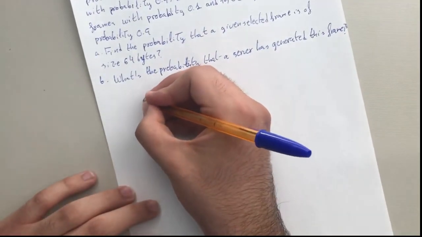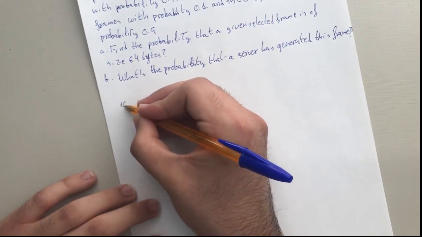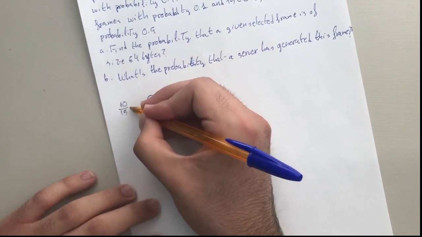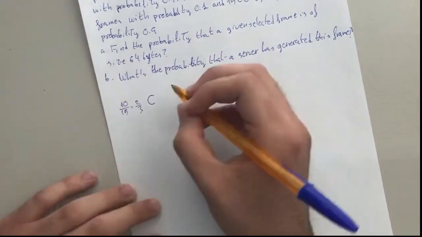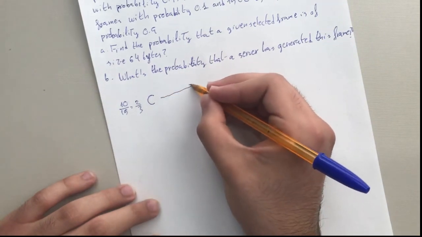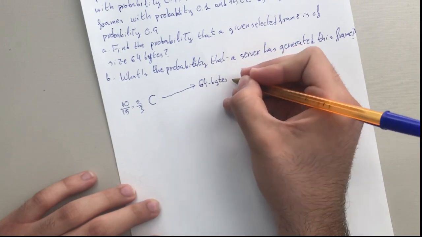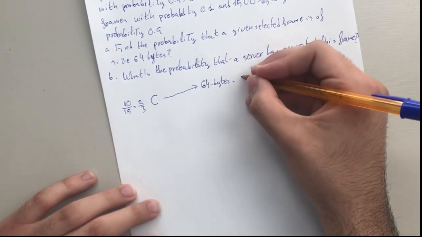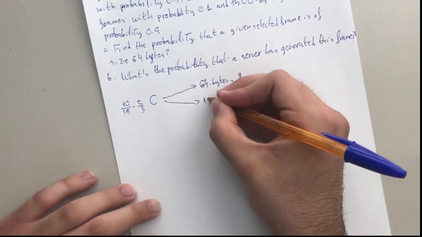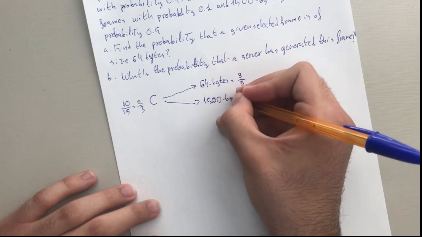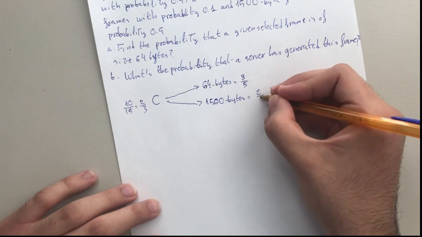So the computers have a probability of 10 over 15, which is the same as 2/3, and the 64-byte frames have a probability of 0.6, which is the same as 3 over 5, and the 1500 bytes will be 1 minus 3 over 5, so 2 over 5.